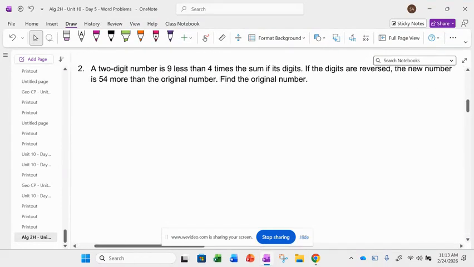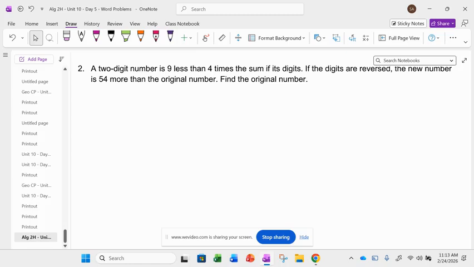So number 2, it reads, a 2-digit number is 9 less than 4 times the sum of its digits. Now, guys, I'm not just comparing digits. Now I'm actually talking about the values. So now I'm talking about the value of the number.